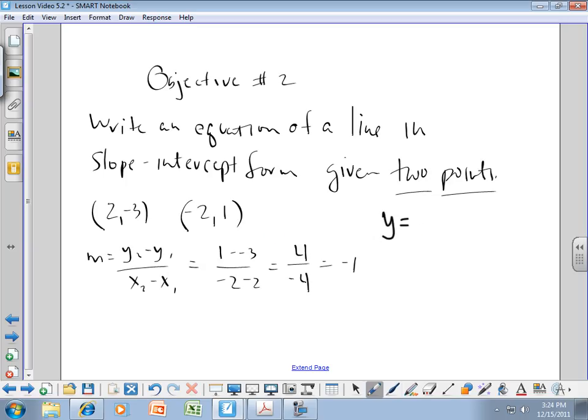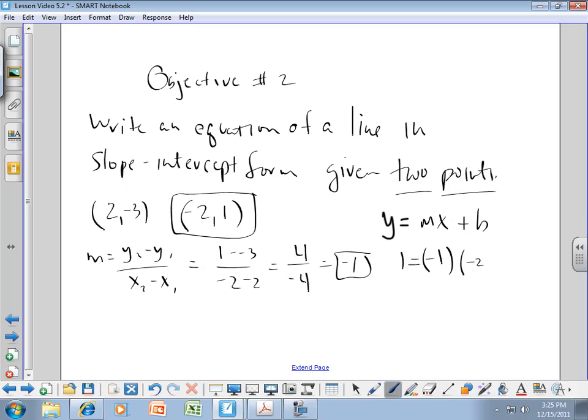So now we can go back to what we did in our previous example. Here's y equals mx plus b. I'm going to pick this point and this slope. I'm going to plug it in here so that I can find b now. All right, what's y? 1 equals negative 1 times, what's x?